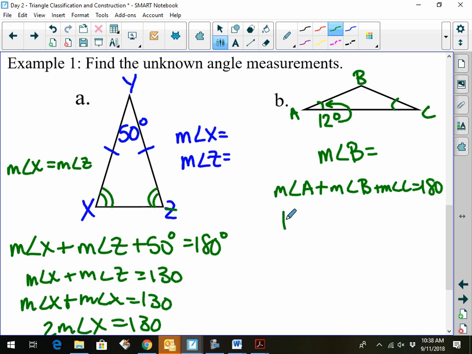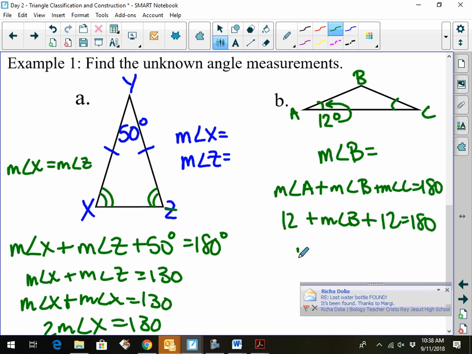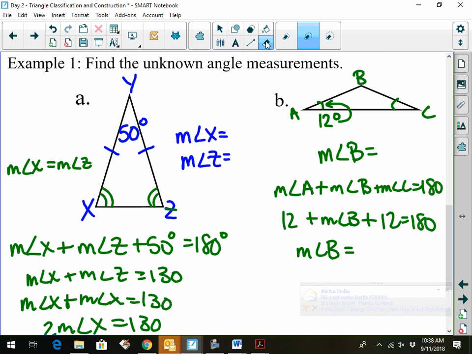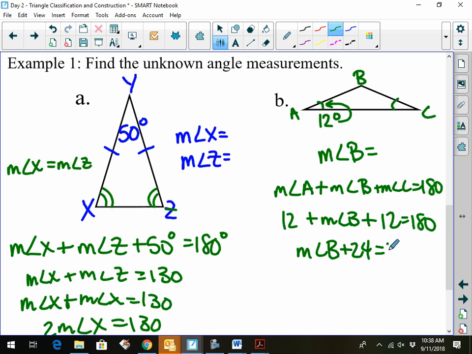Measure of angle A is 12 degrees, plus the measure of angle B, and the measure of angle C, because these are congruent, is also 12, equals 180. And now we can combine like terms, so we get the measure of angle B plus 24 equals 180.